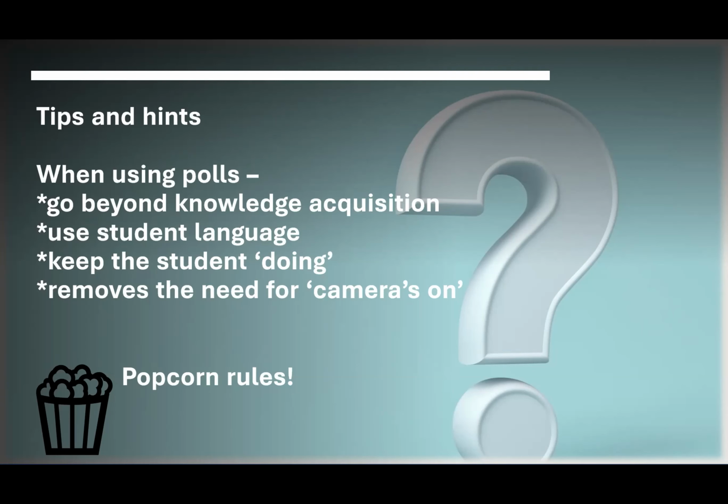So just a few little tips and tricks. As Lynn's already mentioned, when we're working online, we've found that moving and using polls or these feedback mechanisms moving beyond just testing content knowledge helps.